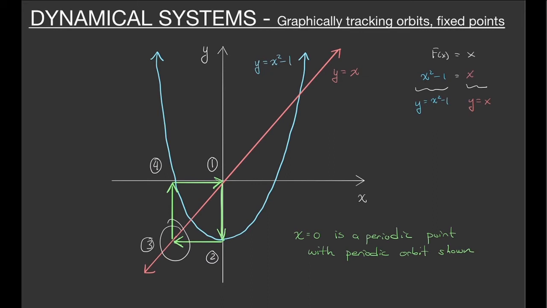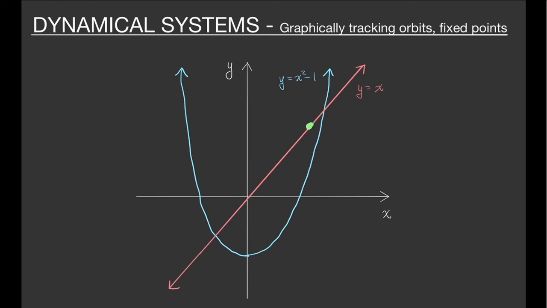Once we've moved back over, we can resubstitute it, which amounts to following up until we hit the function graph here. Notice if you tried to do the same thing for the fixed points, say here and here, we wouldn't be able to get anywhere playing this game. Going from the identity line to the function line, it's just going to take us to the same point, and then back to the same point, and so on. We don't get anywhere.